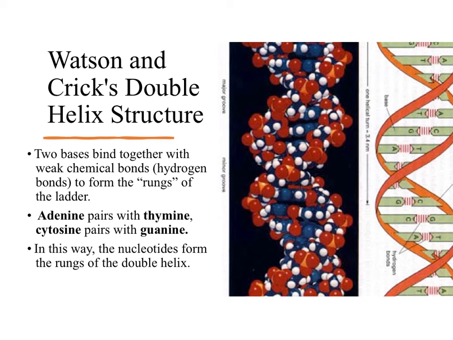All right, so here's just another picture. I like this more computer-generated picture. So again, this is what we call the sugar phosphate backbone. This is where the sugars and the phosphates are. This is the molecule model, so you can see a lot of the reds and oranges. That's our sugar phosphate backbone. And then on the inside, this is where your base pairs form.